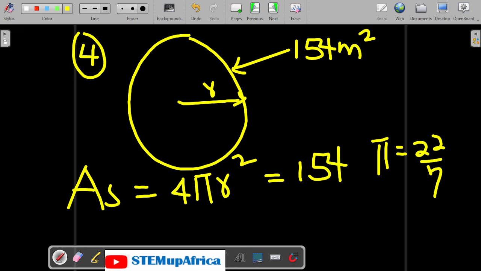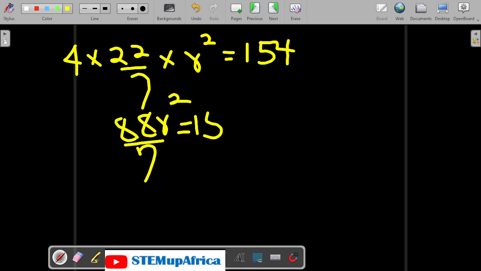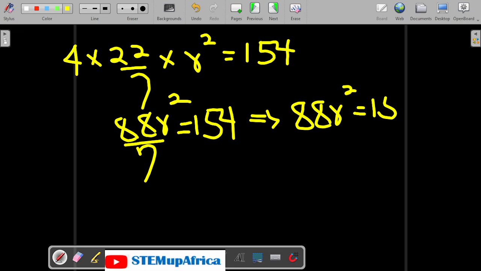So I'm having 4 times 22/7 times the radius squared is simply 154. So I multiply the numerator, I'm having 88 radius squared over 7 equals 154. So I can cross multiply now, I'm having 88 radius squared equals 154 times 7.